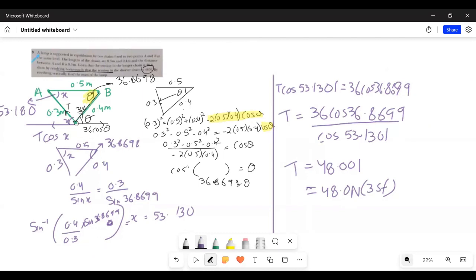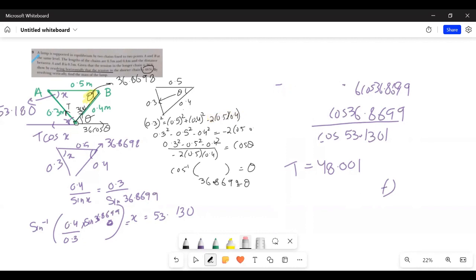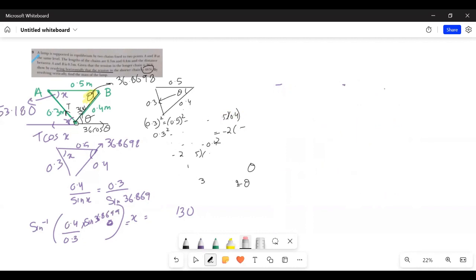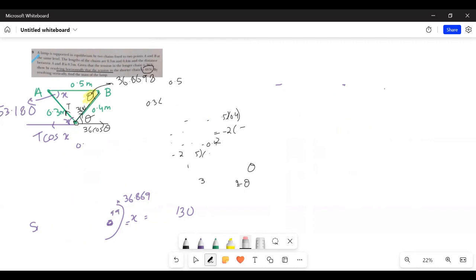Okay, so we actually made the question a bit harder than it had to be. Now I'm going to show you how we could have done it without applying cosine rule. Okay, if you notice the sides of the triangle, they are 0.5, 0.3, and 0.4.